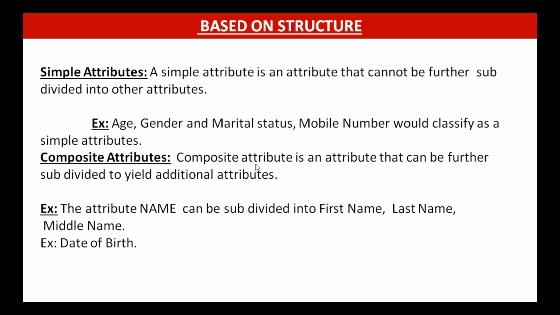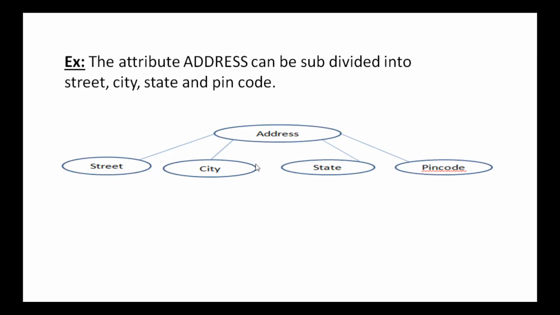Address can be divided into door number, street name, city, state, like that. That means one attribute can be further subdivided into many attributes. Those types of attributes are known as composite attributes.